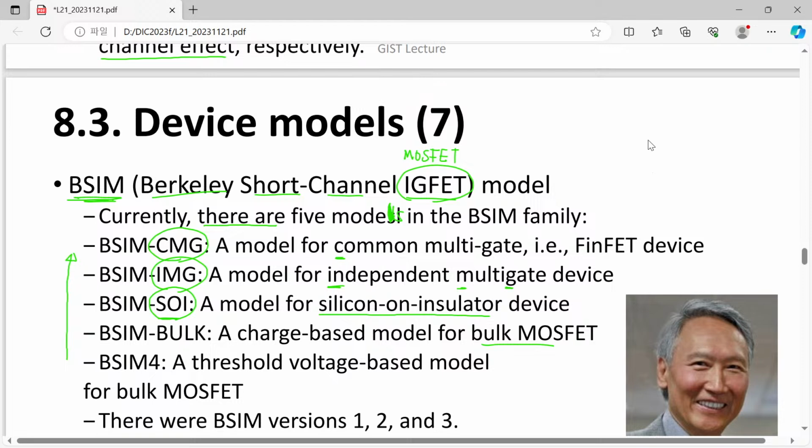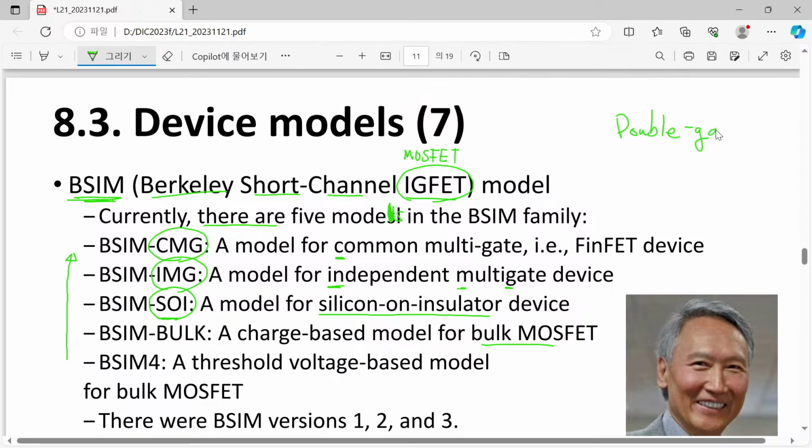Previously we had so many different shapes of transistors. For example, one thing that was quite popular was double gate.